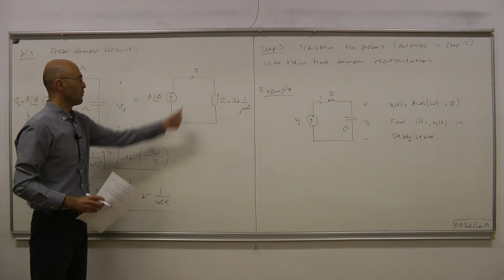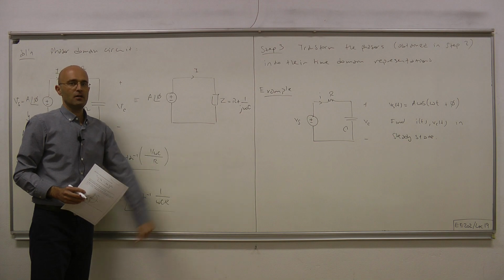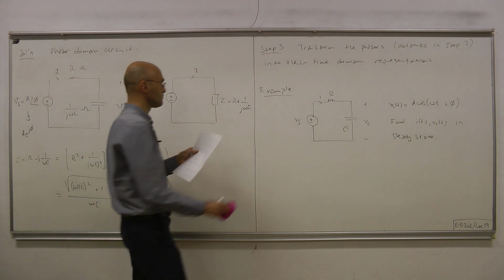And then what's I? I is simply voltage divided by the impedance.